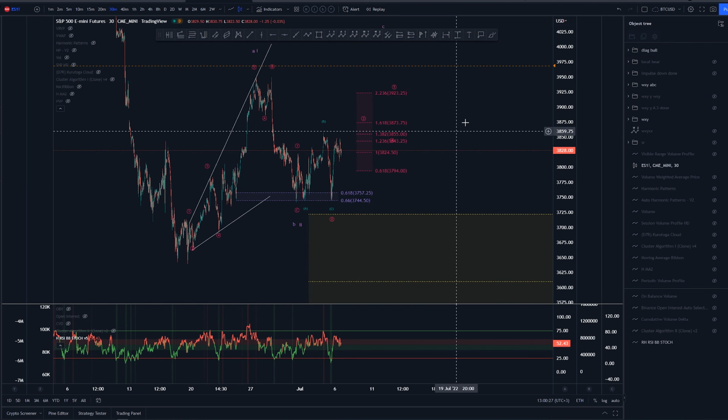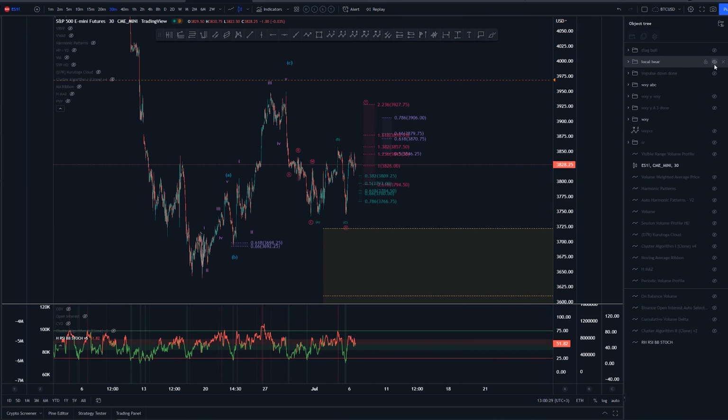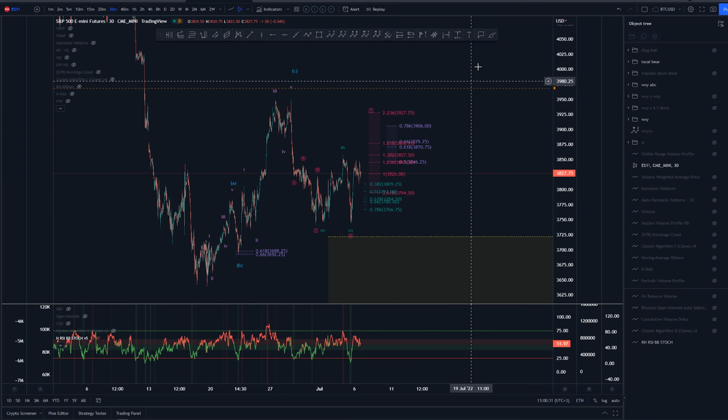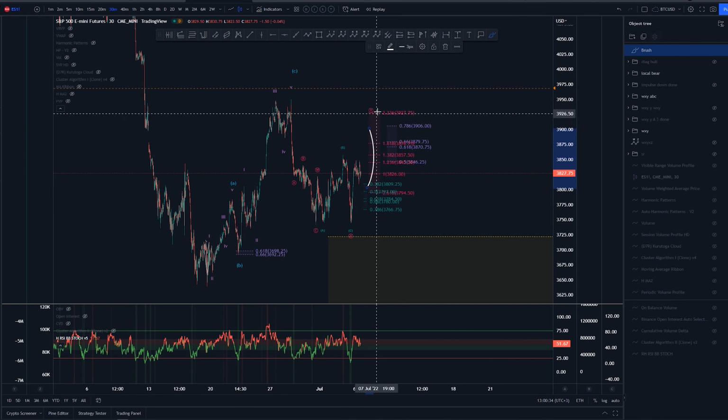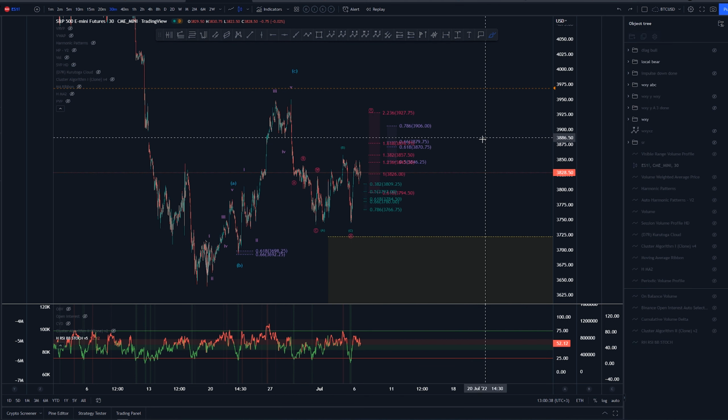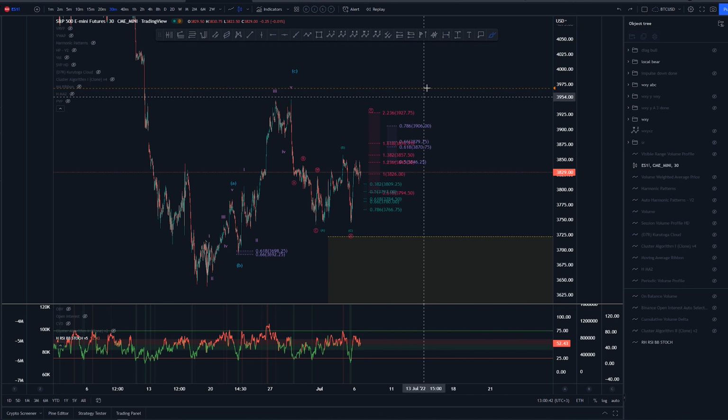But yeah, we'll see how it turns out. These are the two scenarios that I'm currently looking at. Overall, I am still looking for a bit higher push, whether we are going to be dumping first and then getting a continuation higher. But we'll see.